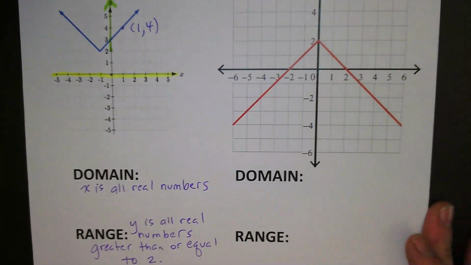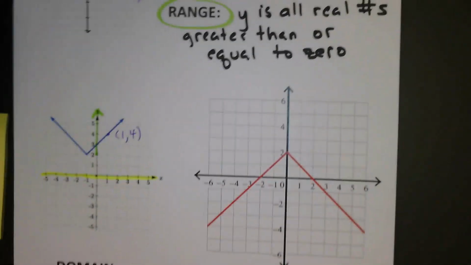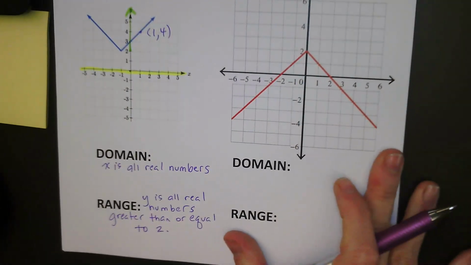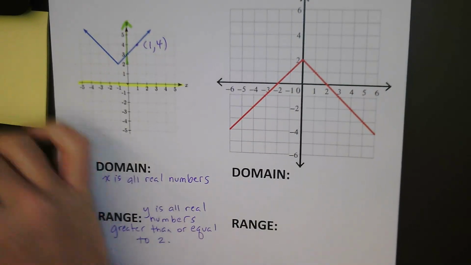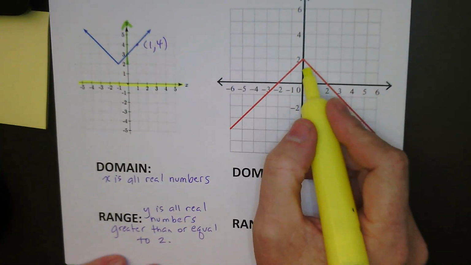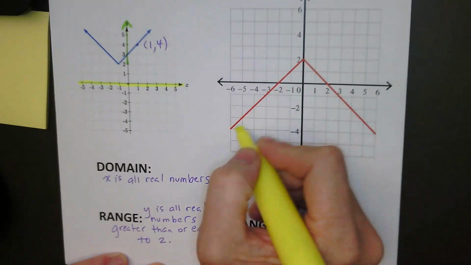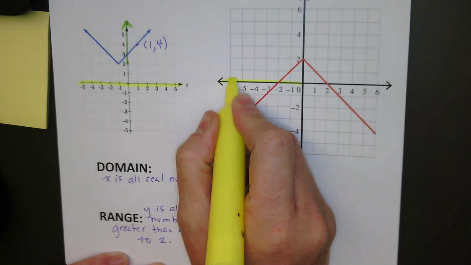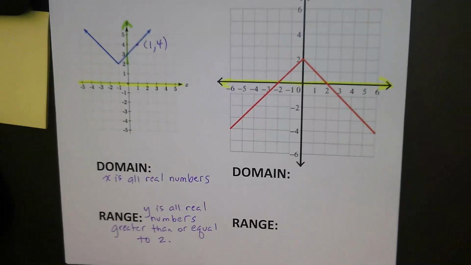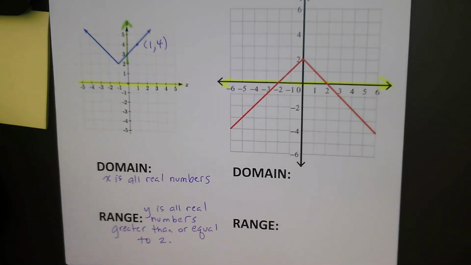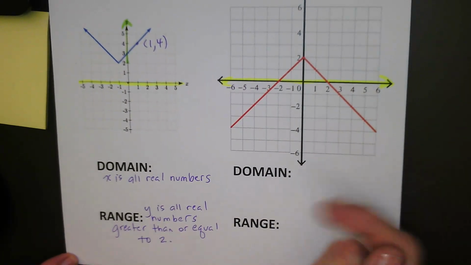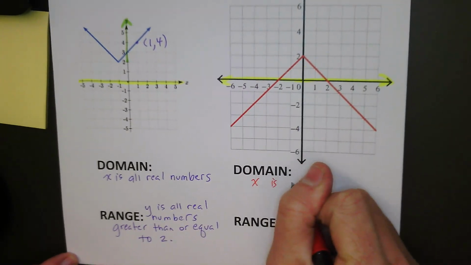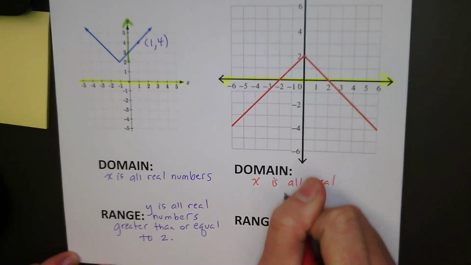Okay, so we can do the domain and range for this guy here. There we go. Now I got room to write. So same thing here. It should be starting to feel a little bit easier now. This red V, the absolute value thing, is going to go forever to the left, forever to the right. We got no restrictions on x. X is all real numbers.